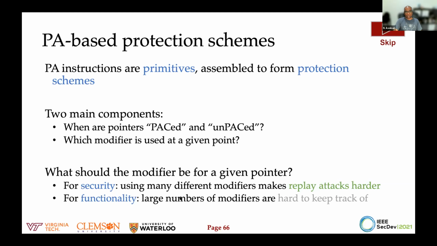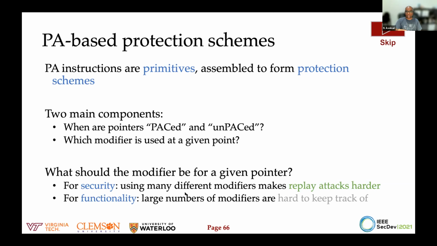So in this Qualcomm return address protection, they decided to use the stack pointer as the modifier, which means that even if the same function is called from multiple places, the pointer authentication for the return address would be different depending on where the stack pointer is currently. And that's a trade-off. But you can imagine that if that is the case, then replay attacks are possible, because even though the attacker can't compute the message authentication for an arbitrary pointer, they can harvest pointers that they had seen before.